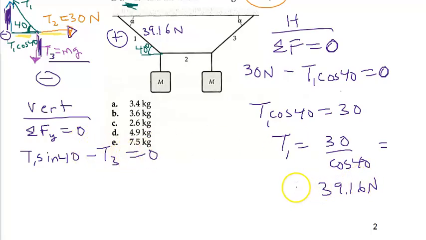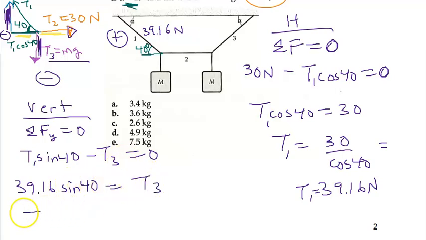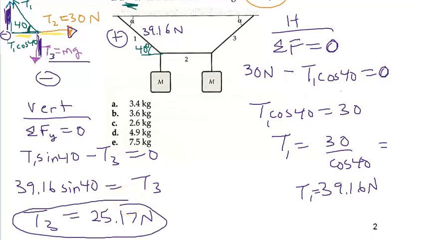And those are balanced. I found out what T1 was, so we can plug that in. Equals T3, so T3 is 25.17 newtons. Not quite done.